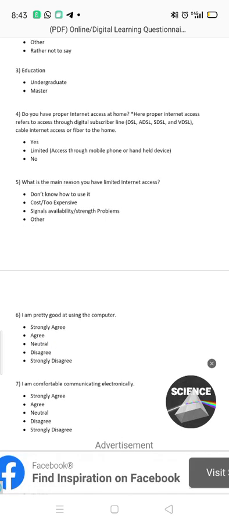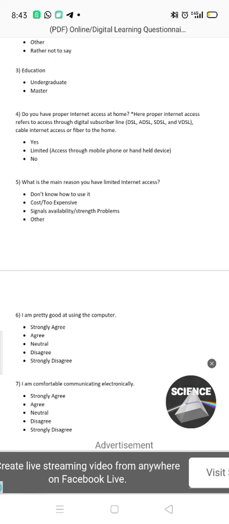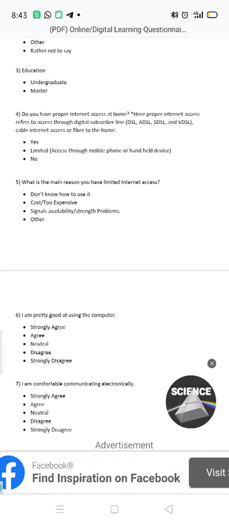Do you have proper internet access at home? And the question is clarified further. Exactly what the author refers to as internet access is clarified. Options given: yes, limited, or no.